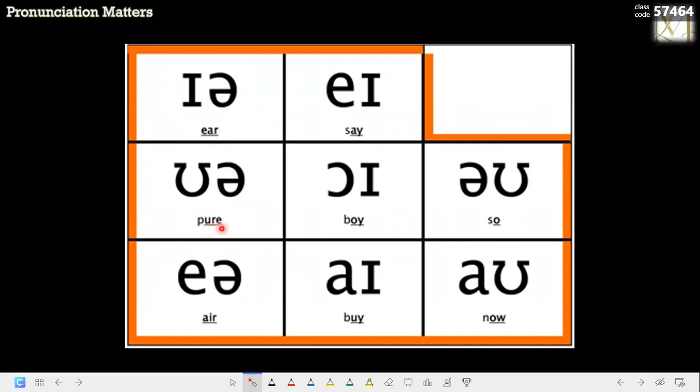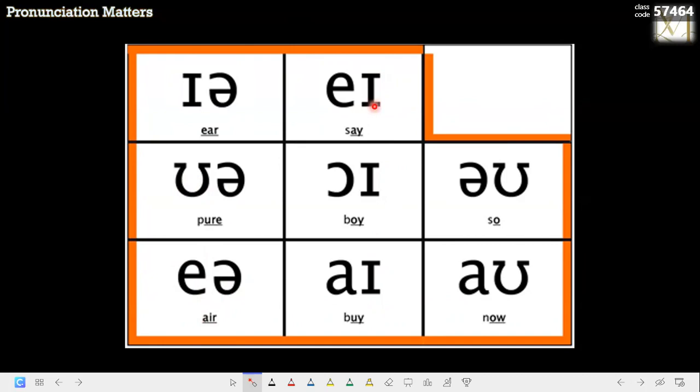Like pure, the diphthong here is /ʊə/, and here is air, like air. Okay, so if you look carefully at the second column, you will notice three other diphthongs sharing the final sound.